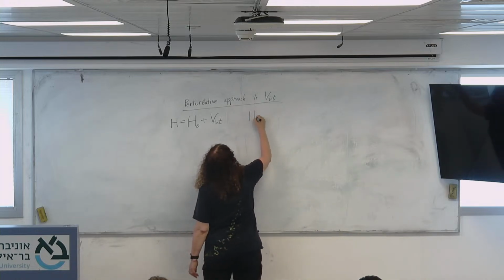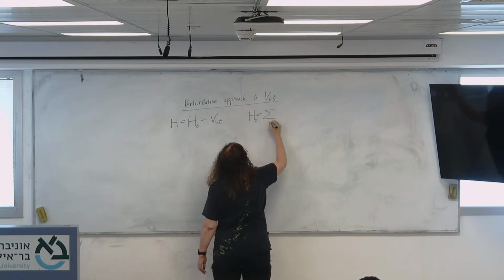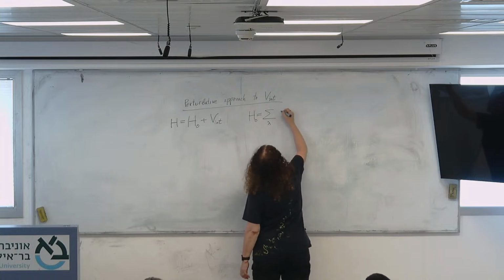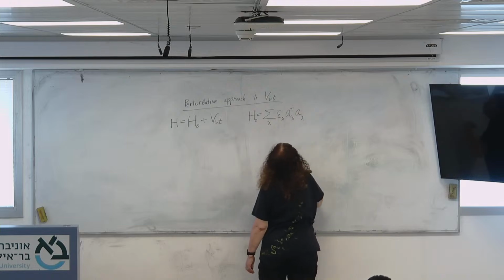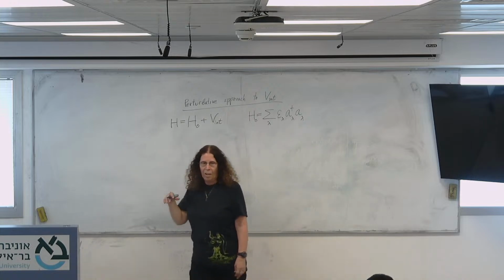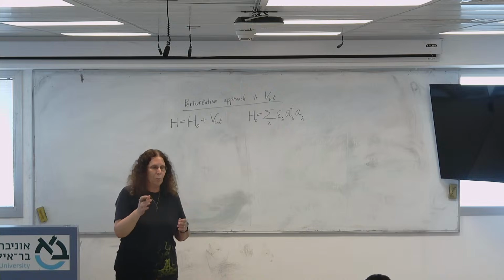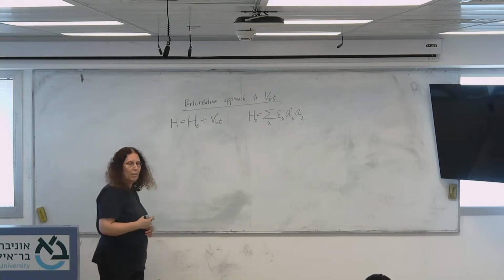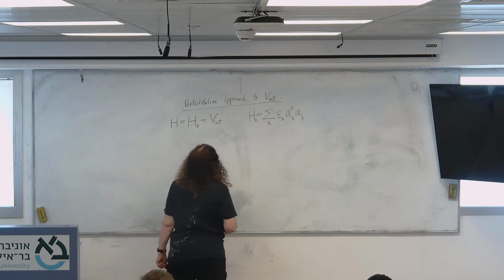So we write it in this basis as a sum over lambda of epsilon lambda, a lambda dagger, a lambda. Okay, and lambda generally is an index that denotes briefly all the quantum numbers. Sometimes there are more than one, but anyway, it's completely general.